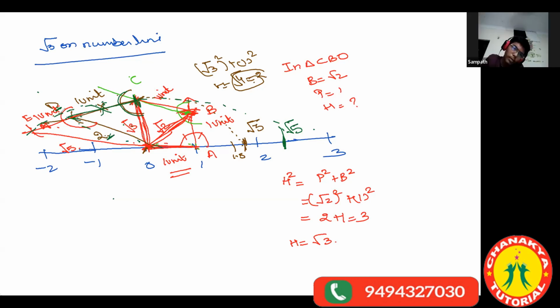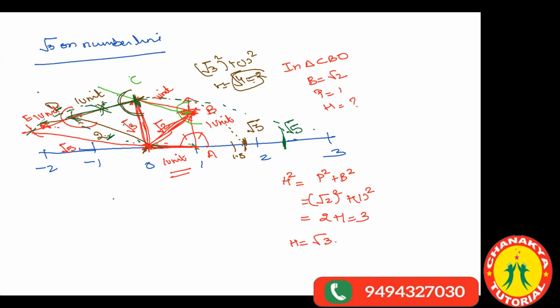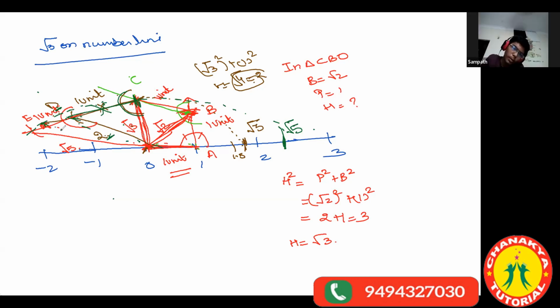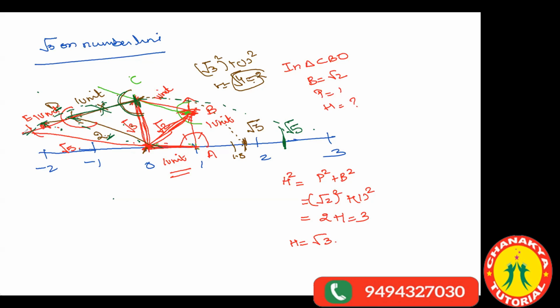Yes, ma'am. Now again at D point, draw a 90-degree angle. Okay, ma'am. Clear? Now cut 1 unit line segment. Clear? Now join O to E. Now take OE distance in your compass because by Pythagoras theorem it will be root 5.